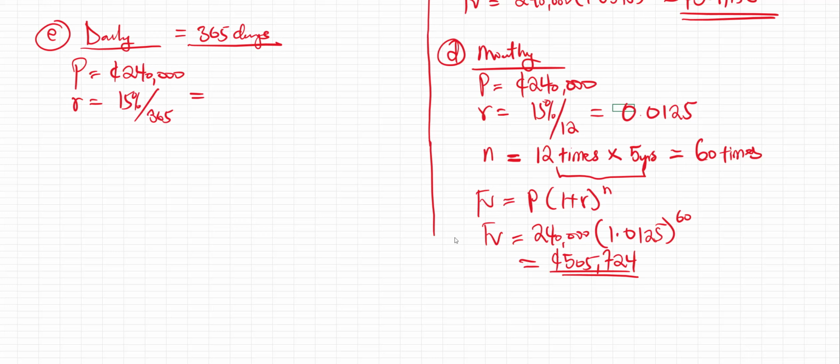So 0.041, and also 0.00. It's 4.1095 times 10 raised to the power minus 4. So we have to go 1, 2, 3, 4.